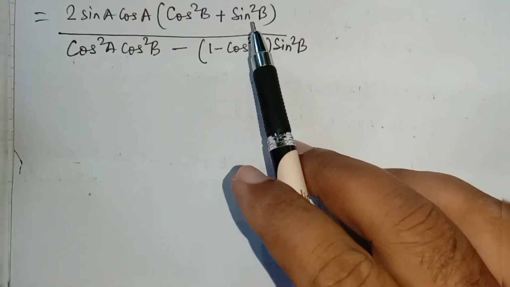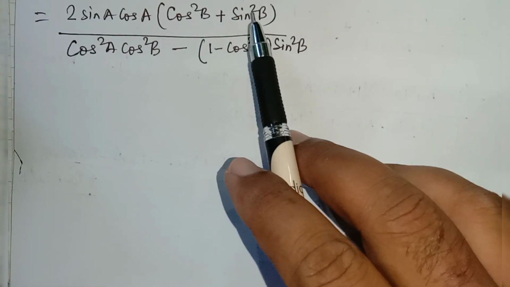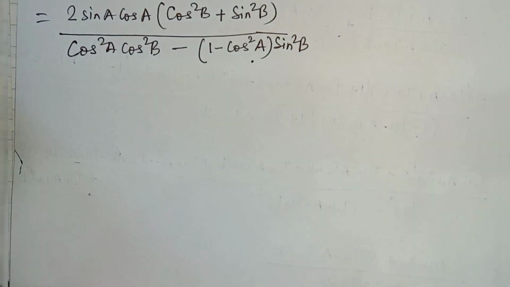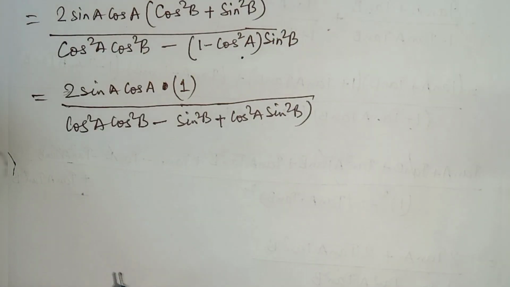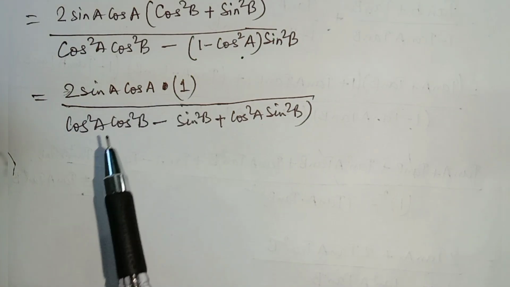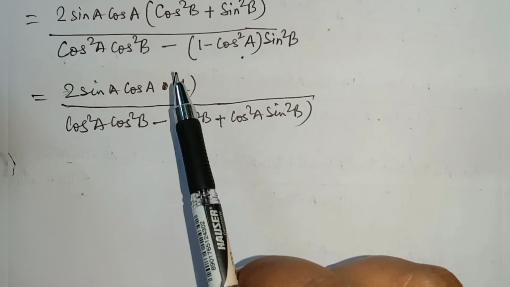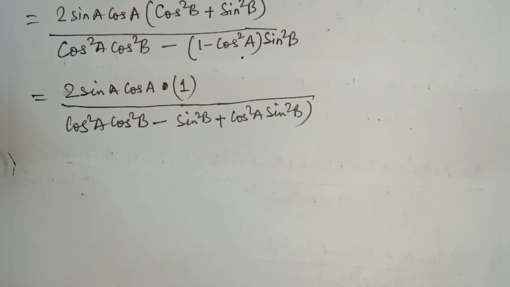And this one here, you can see cos square B plus sin square B is sin square theta plus cos square theta, which is equal to 1. And now I have 2 sin A cos A times 1 upon cos square A cos square B minus sin square B and minus cos square A sin square B.